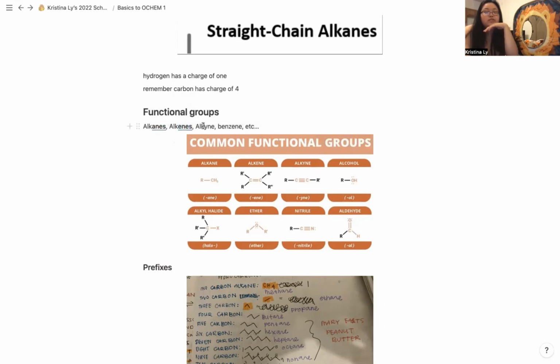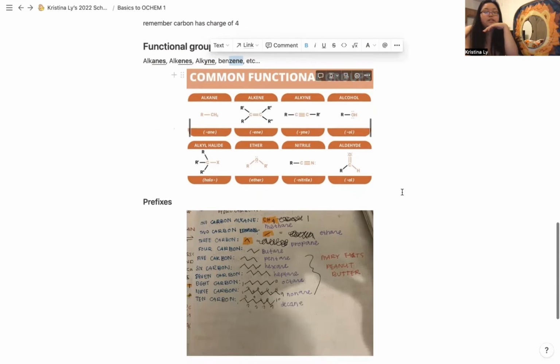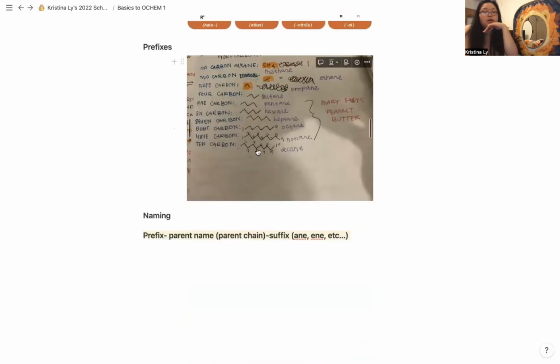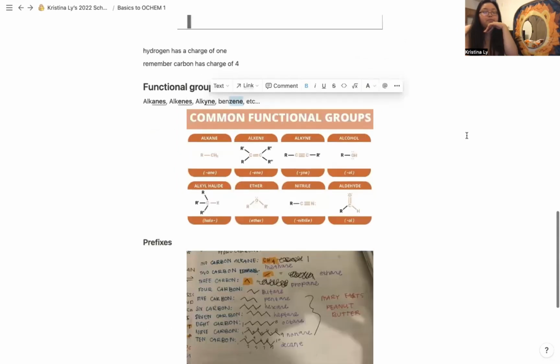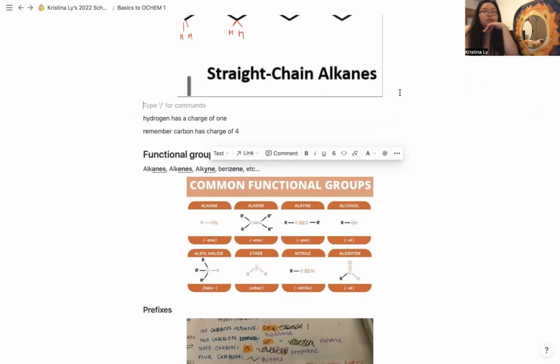So on and so forth. We're just going to end up using the suffix depending on what the structure is. Benzene will most often look like a ring. And again, that has 4 attachments. Let's see. Yeah, but that is it.